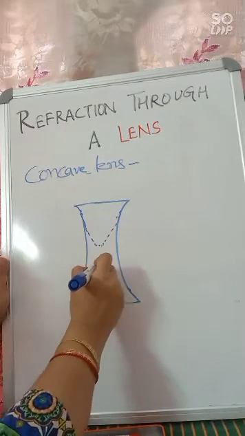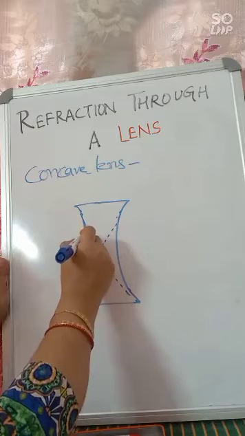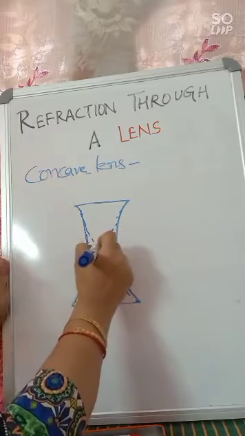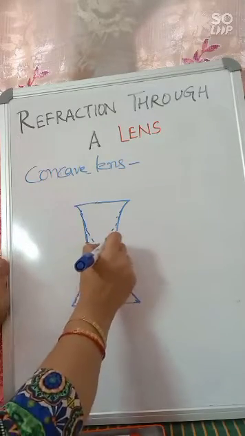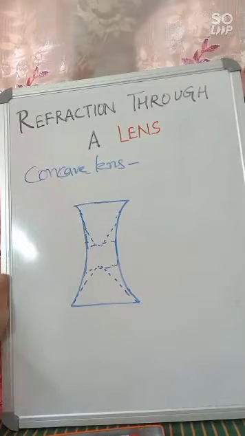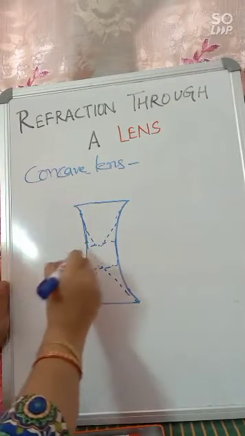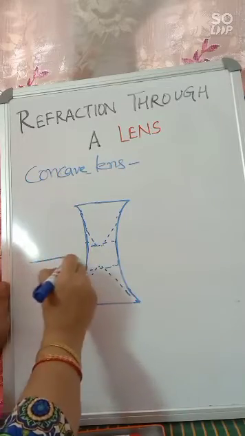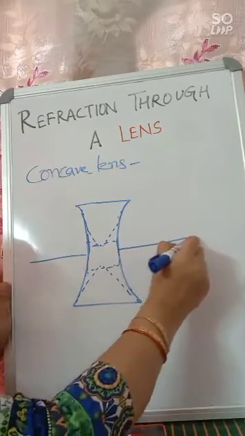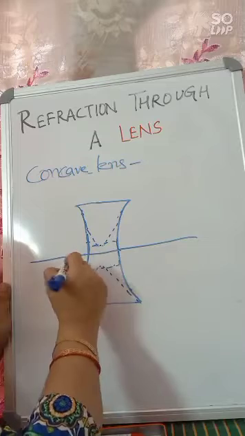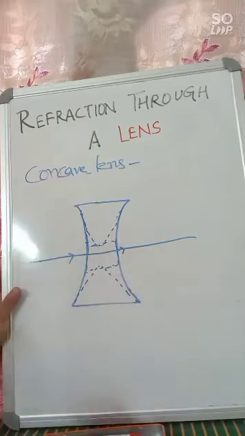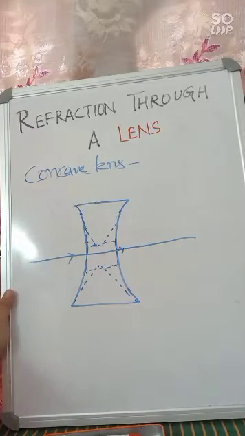Again, this will be acting as a prism, and this part of the concave lens is going to act as a glass slab. When this is acting as a glass slab, any ray incident perpendicular to the glass slab will pass undeviated. Am I right? Fine, this we have done.